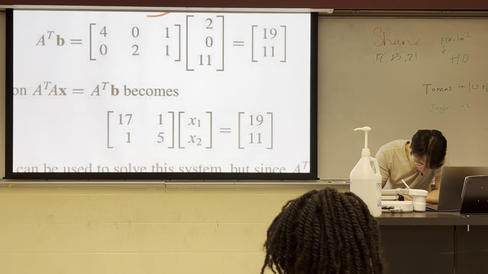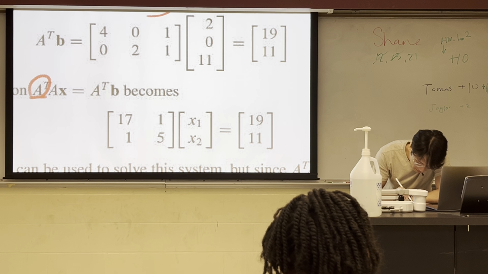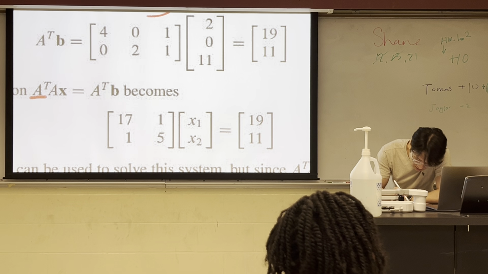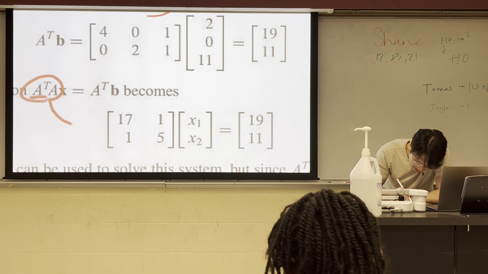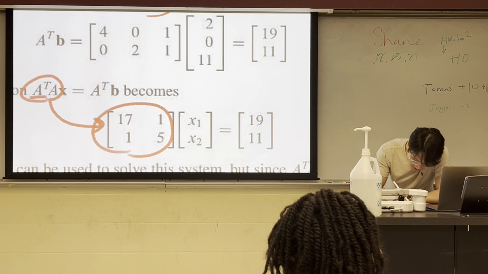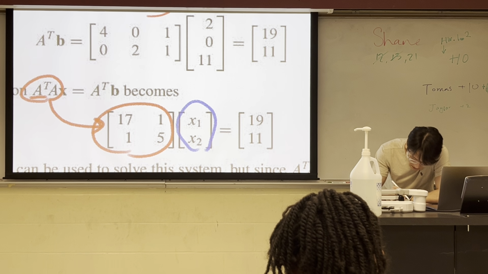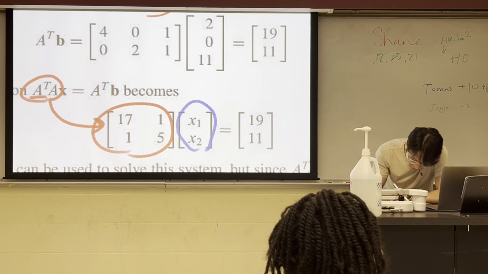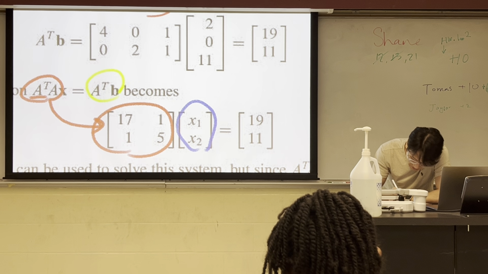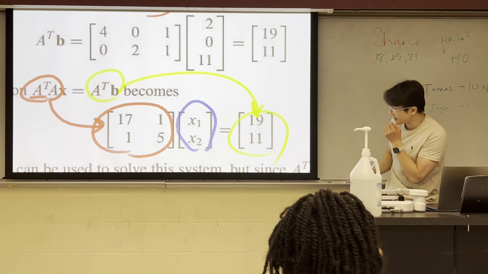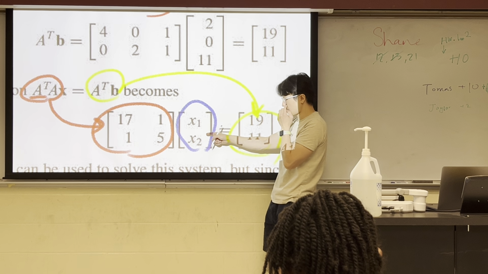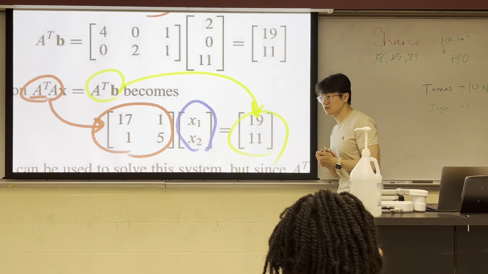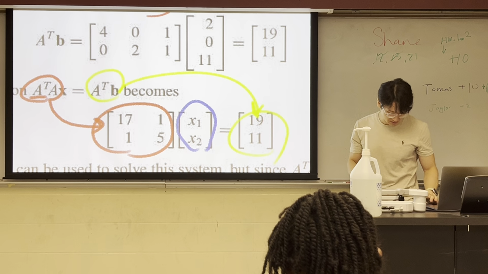You can multiply both sides by A transpose, then you get this here, and that is multiplied by X. The result of A transpose B is here. How do you find the solution? From chapter 1. Augmented matrix, yes.